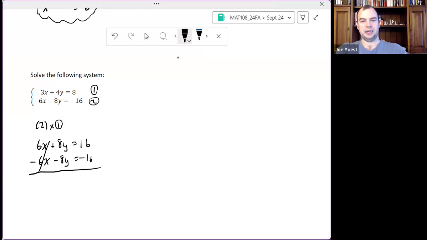But I actually noticed that my y's go away as well. 8y minus 8y is 0. And my constants, 16 minus 16, go away as well. 0 equals 0. So my question is something like, what values of x and y can I plug in to get a true statement here?